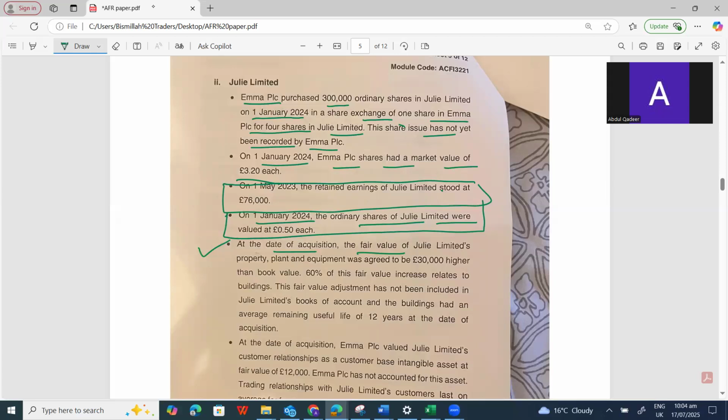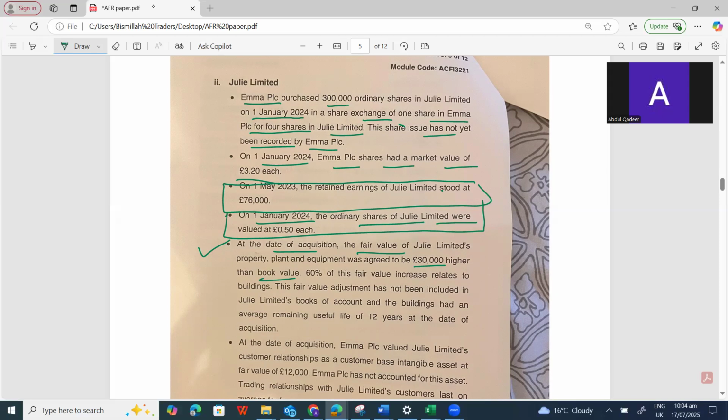Property, plant, and equipment was agreed to be 30,000 pounds higher than book value, which is known as revaluation surplus.